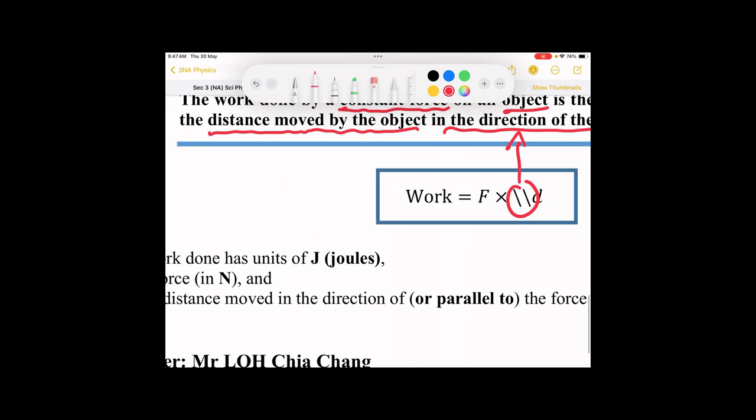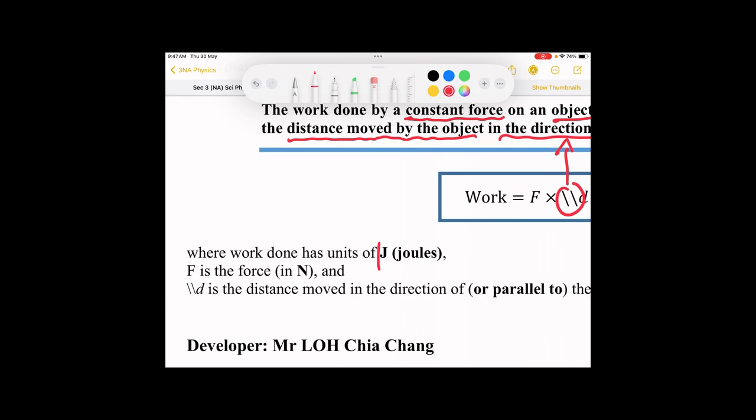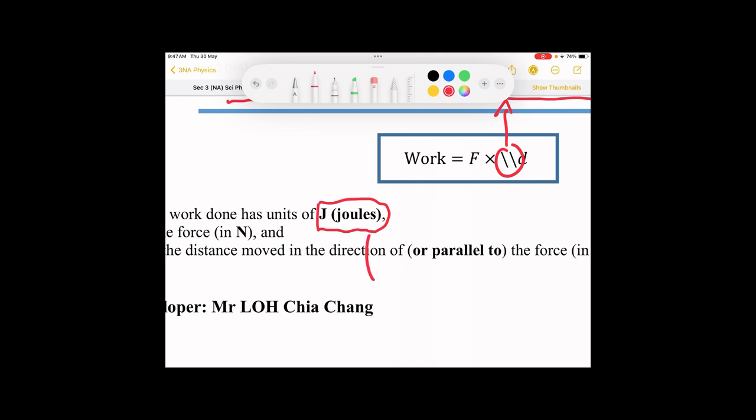One thing to take note is that work done has units of joules. You recall that it is the same unit as energy. Let's write down by the side: same unit as any type of energy. It's quite interesting here.